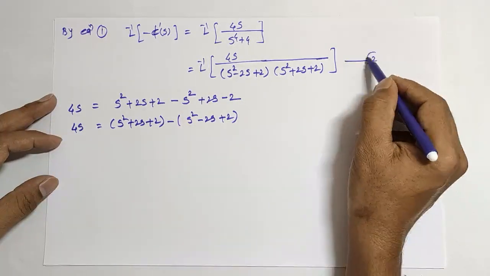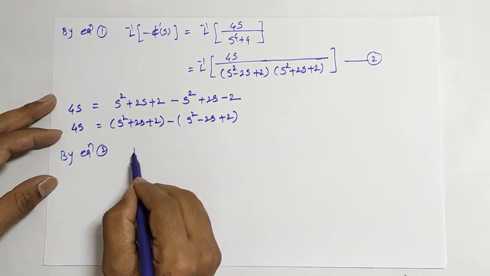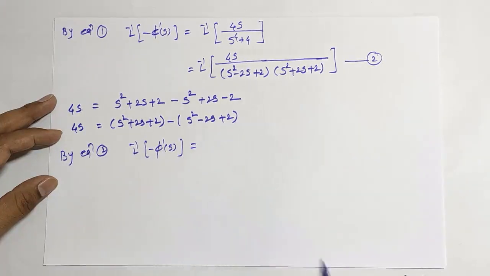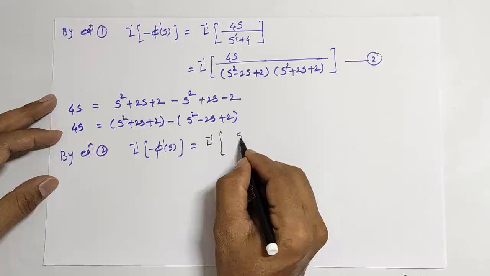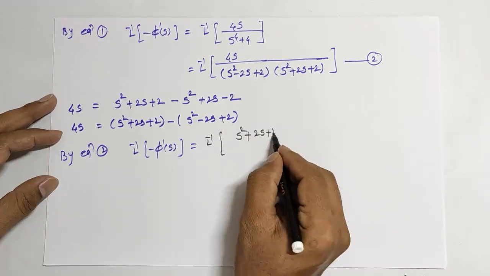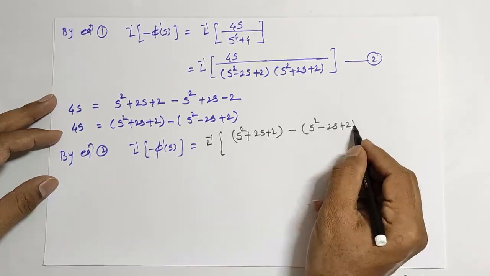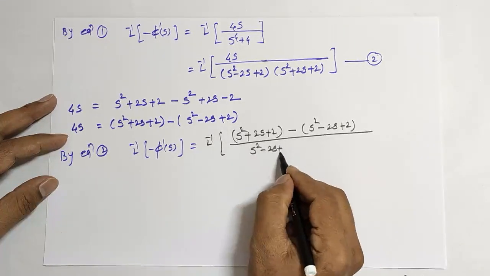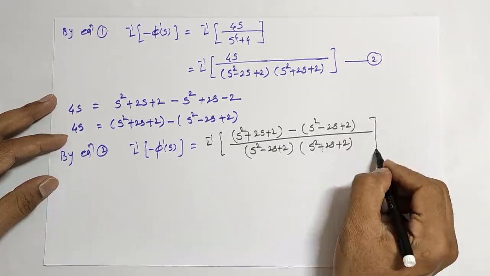So by equation 2, L inverse of minus phi dash of s is equal to, यहाँ पे जो न्यूमरेटर में 4s है उसे हमें लिखना है (s square plus 2s plus 2 minus s square minus 2s plus 2) whole divided by s square minus 2s plus 2 and s square plus 2s plus 2.